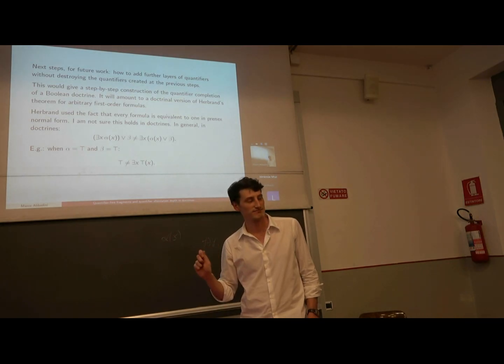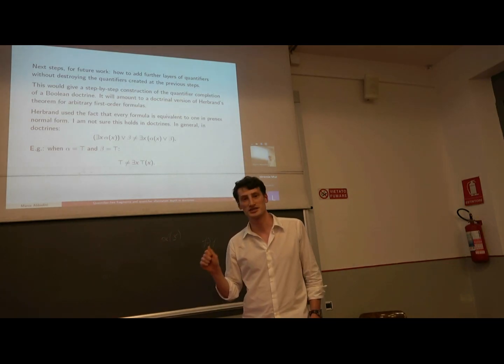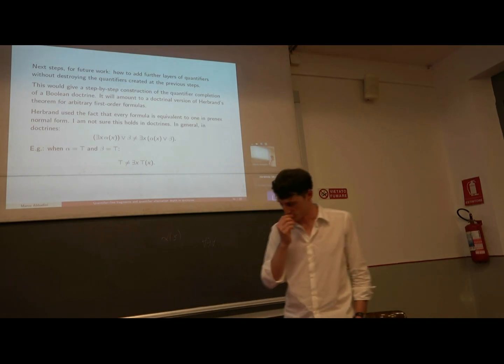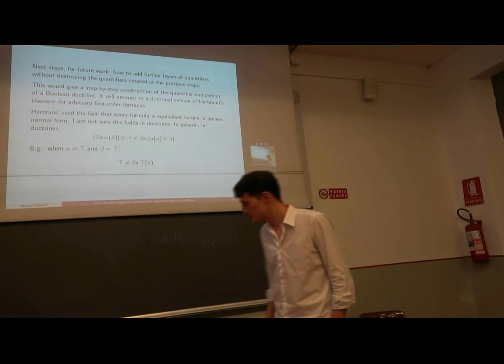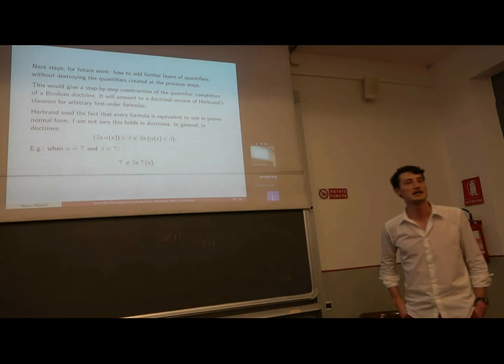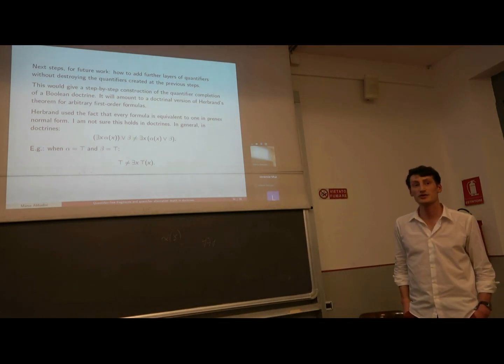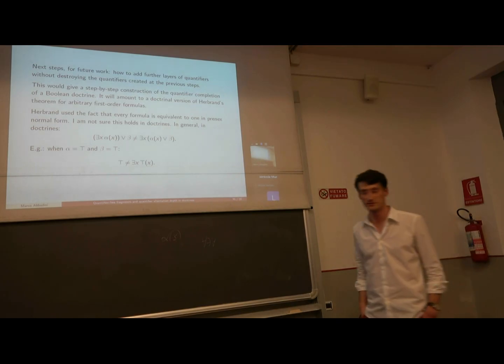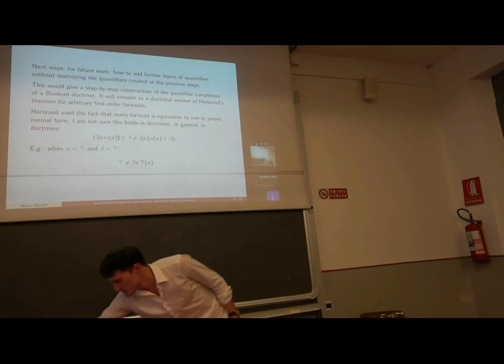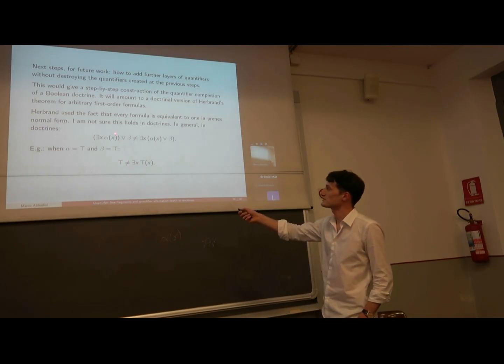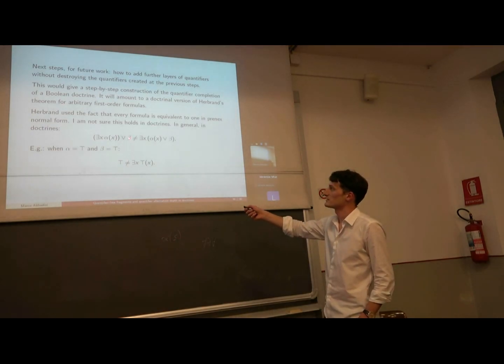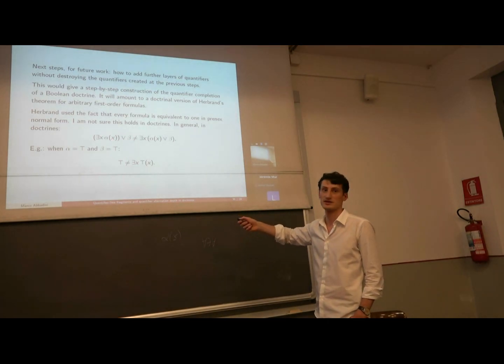And we're not sure whether this holds in doctrines, for the following reason. Now, when you prove that every first-order formula is equivalent to one in prenex normal form, you use, for example, the fact that whenever you have a disjunction, you can put beta inside the existence, right?